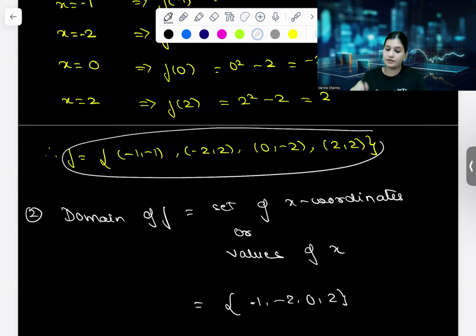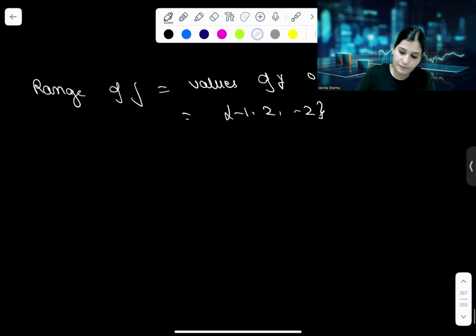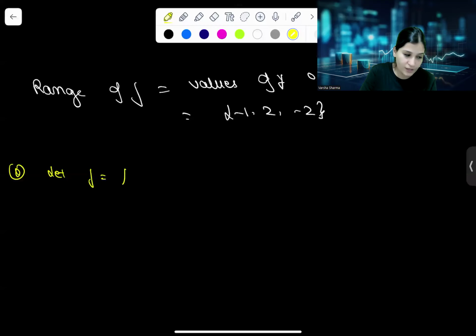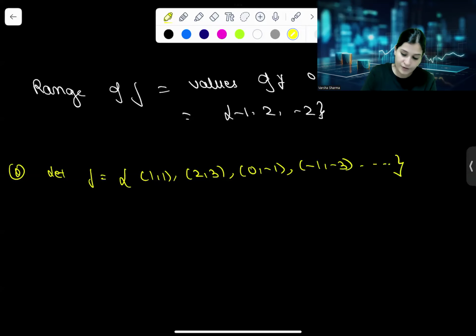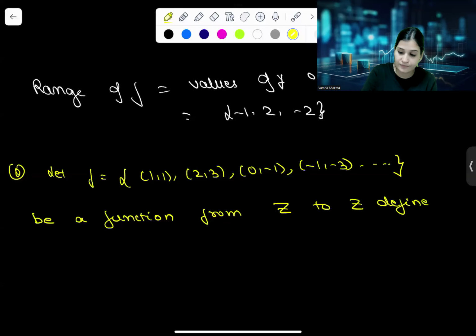Question. Let f equal 1, comma 1, 2, comma 3, 0, minus 1, minus 1, minus 3, and so on, be a function from Z to Z defined by f of x equal ax plus b.